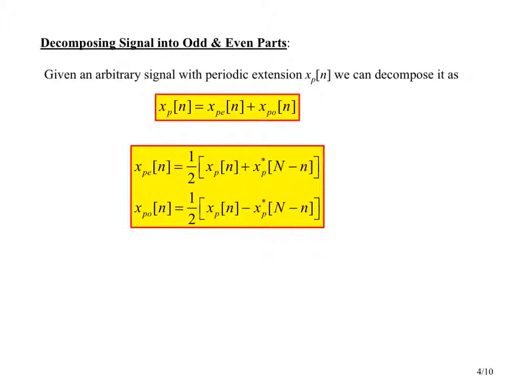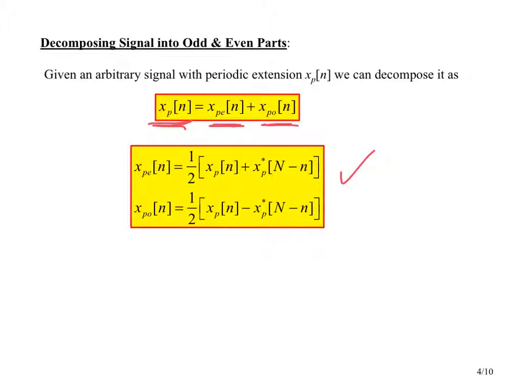So any periodic extended function can be broken down into one term that is periodic and even, and one term that's periodic and odd. In fact, we can find those two individual parts from the original signal by just doing these operations. And it's pretty easy to verify that each of those has its stated characteristics.